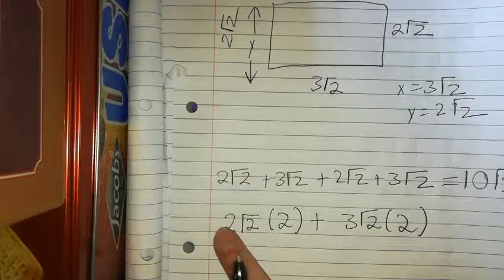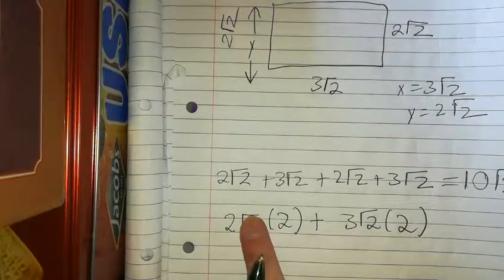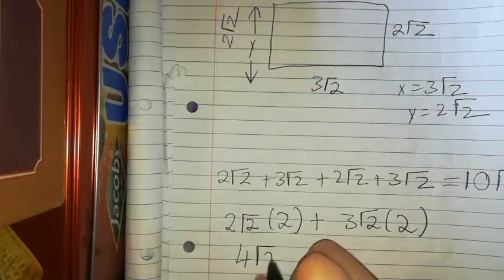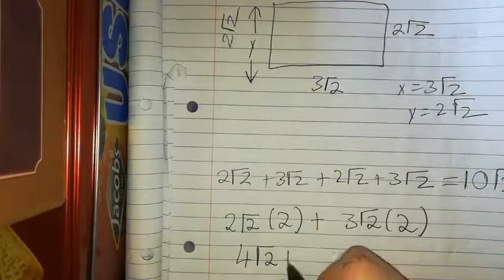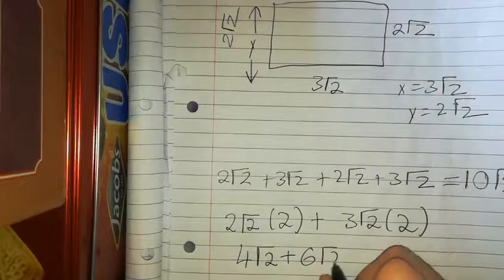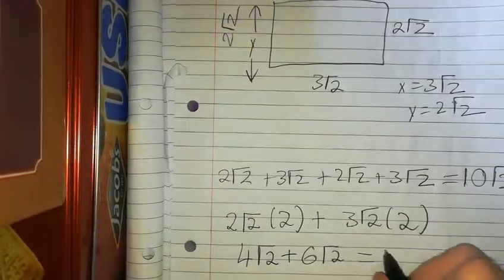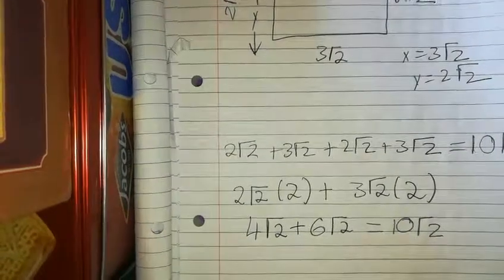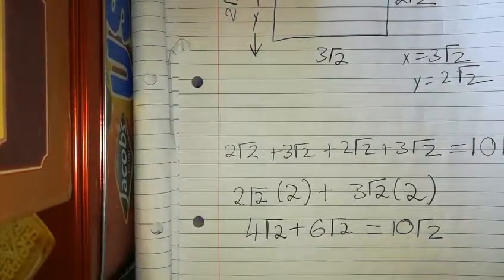We're treating the root 2 as an x for now. So 2 by 2 is 4, so that'll be 4 root 2, and 3 by 2 is 6, so that'll be 6 root 2. So 4 root 2 plus 6 root 2 gives us 10 root 2. So we get the same answer both ways. So that is our answer for that question.